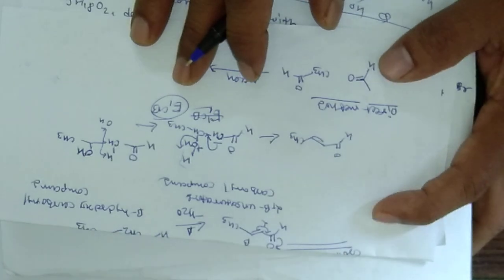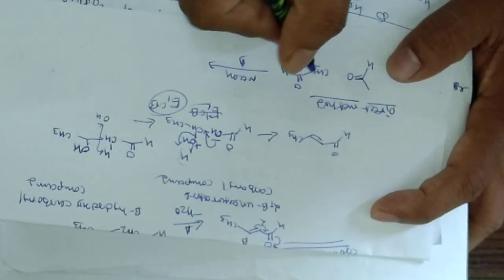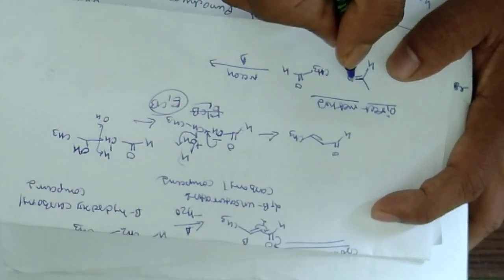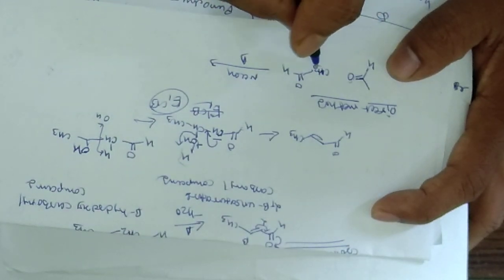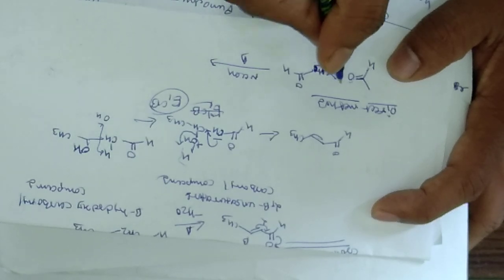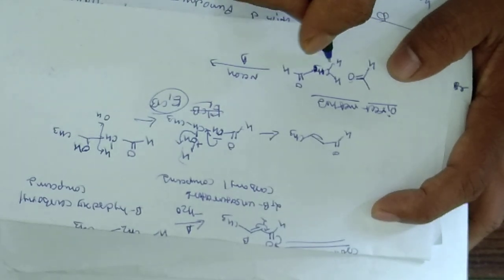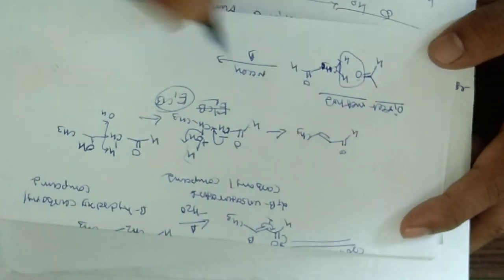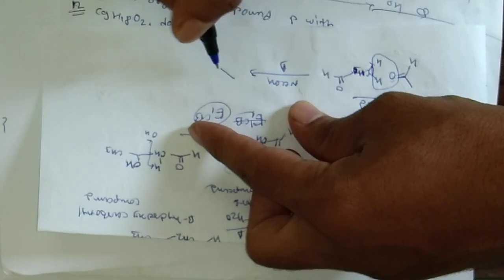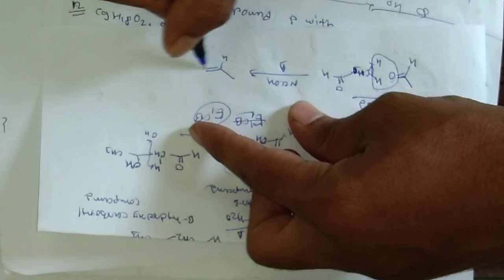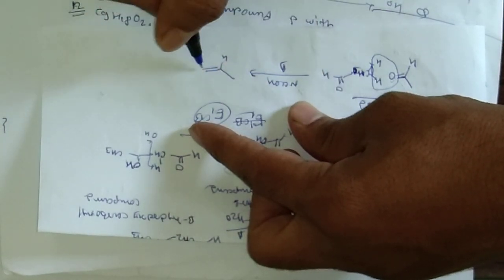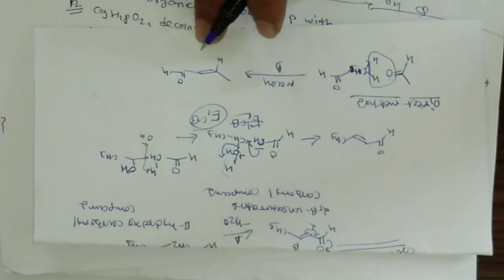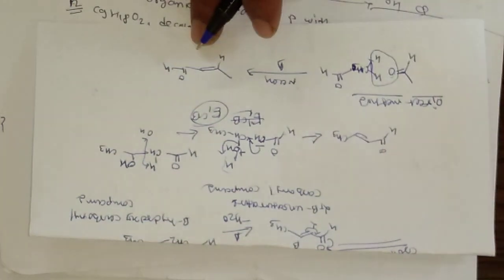Simply, what you have to do: two hydrogens from that alpha carbon and this oxygen are removed. I am writing that here. This group leaves out. You got it? I hope you understand the shortest method.